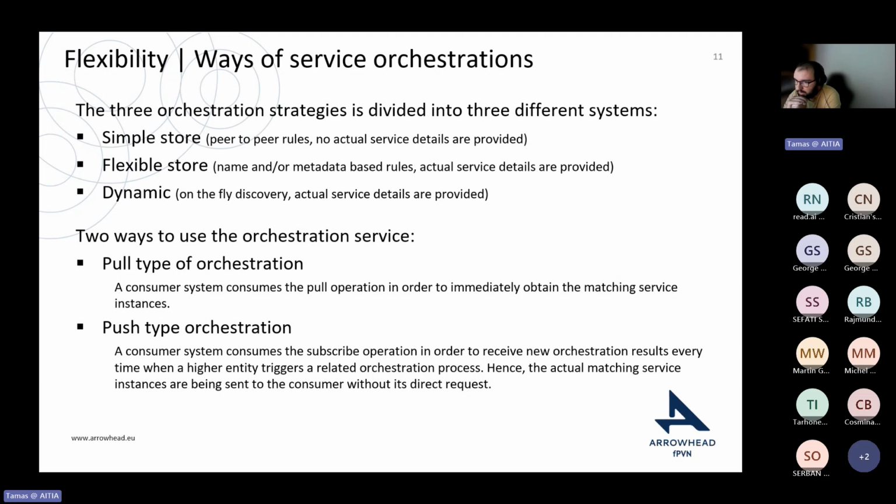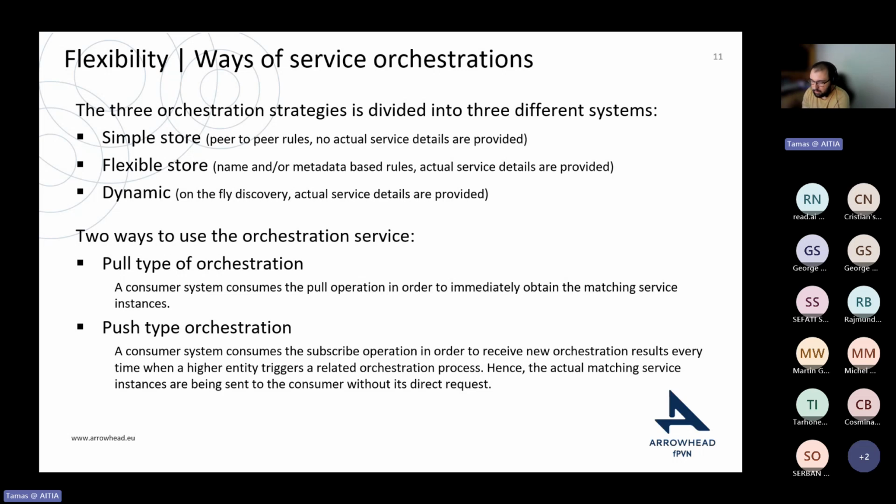And we have a different kind of service orchestration, which is the push type. When a consumer system consumes the subscribe operation in order to receive new orchestration results every time when a higher entity triggers a related orchestration process. So the actual matching service instances are being sent to the consumer without its direct request.